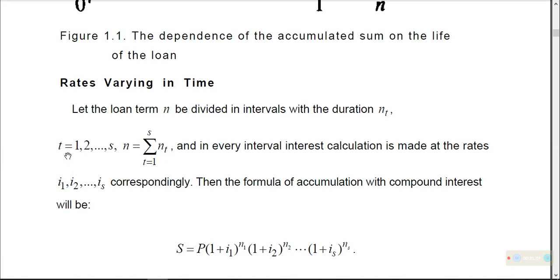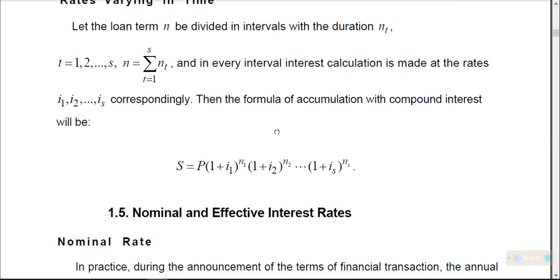If t is equal to 1, 2, and so on until you finish the term s, then n is equal to the summation of n sub t from t is equal to 1 up to s. And in every interval, interest calculation is made at the rates I sub 1, I sub 2, up to I sub s correspondingly. Then the formula of accumulation with compound interest will be, ayan.